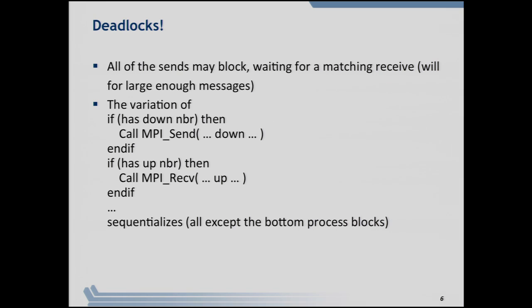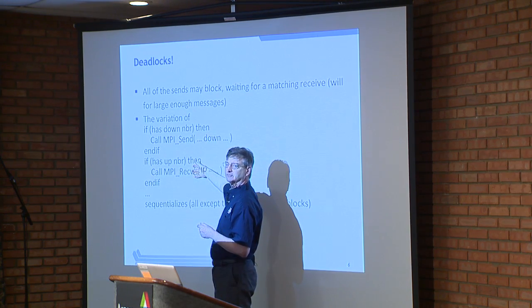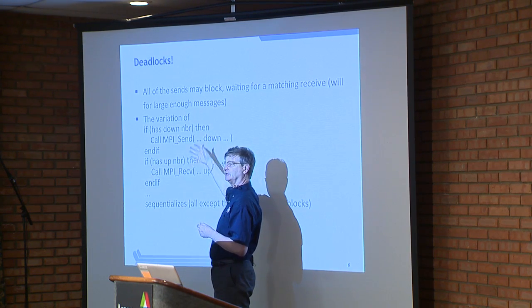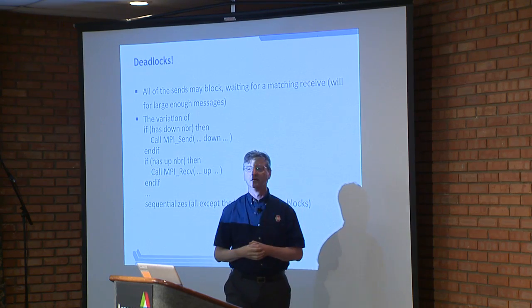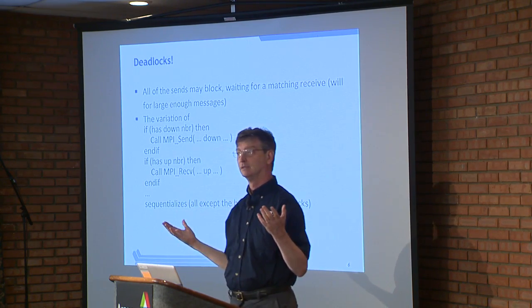I say this is a worse problem because the code might run, but it might run poorly. An example of that is something like this, where first, I only send to the neighbor below me, and then I receive from the neighbor above me, and then I do that for the 4 sides. That code, in fact, will work.